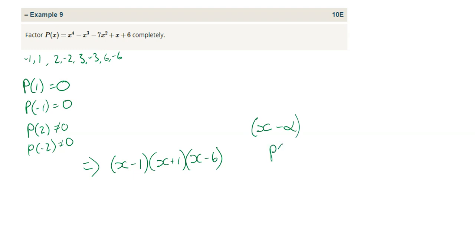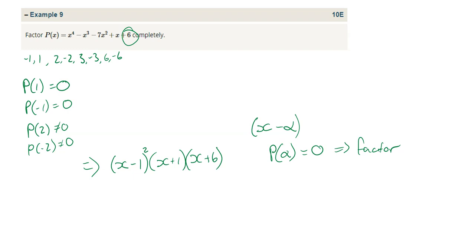Remember if X minus alpha, then P of alpha equals 0 implies factor. All I'm doing right now is multiplying that, and that needs to result in positive 6. So if we've definitely got a negative 1, which we do, and unless the alternative is if this is squared, this can be positive.